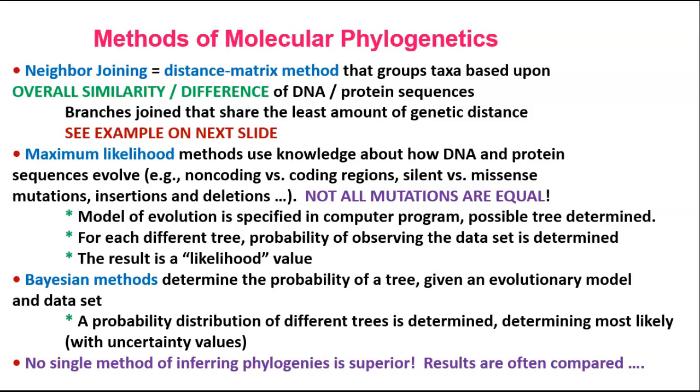What is most often done by biologists when they publish phylogenies is they conduct several different analyses. They'll do a maximum parsimony analysis. They'll do a maximum likelihood analysis. They'll do a Bayesian analysis, and they'll lay out all the specifics of how they conducted the analyses with the computer programs.